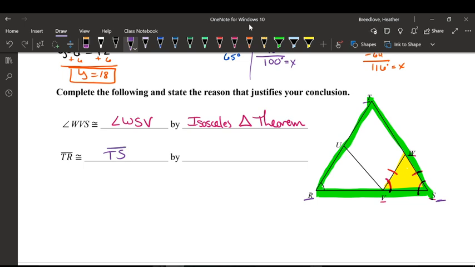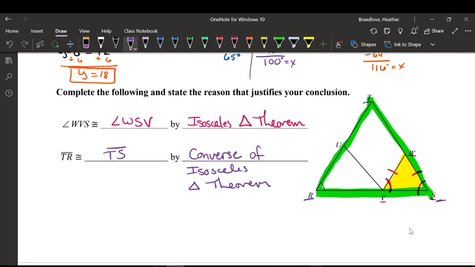And since this is talking about the side lengths, this is going to be the converse, because I can see it's marked angle R and angle S. So by the converse of Isosceles triangle theorem.